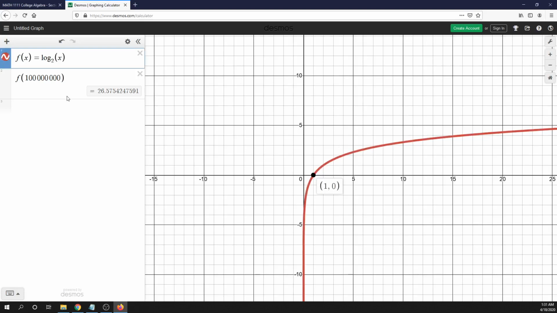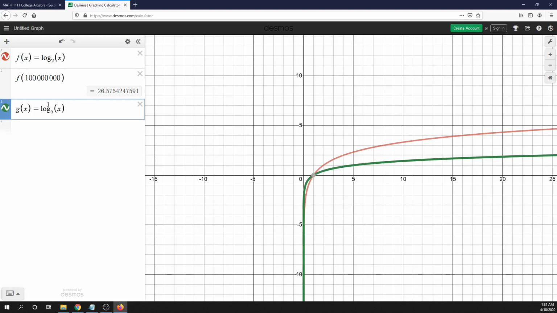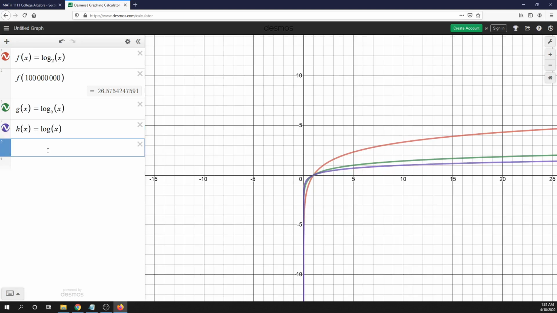And I can graph out a couple of other log functions so you can compare those. So if I do log base, let's say 5, that's what it looks like. And if I do log x, which is log base 10, and then if I do ln x, which is log base e, you can see they all look kind of the same.